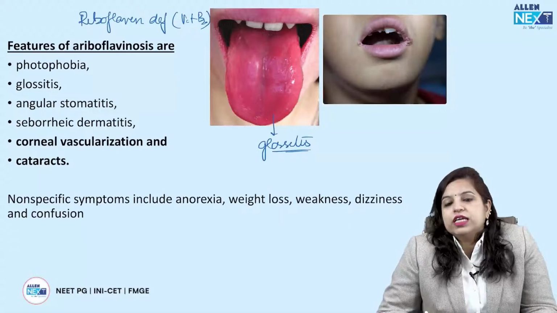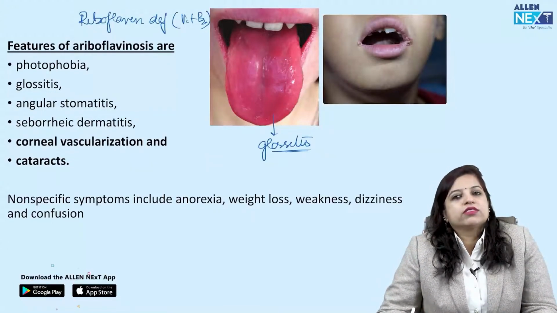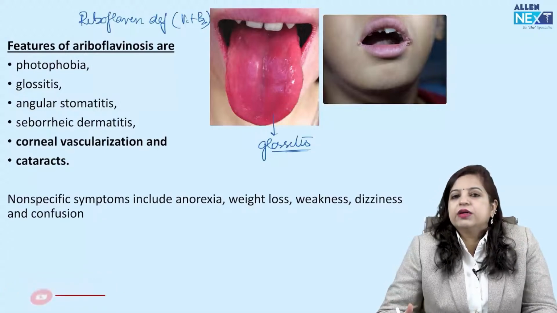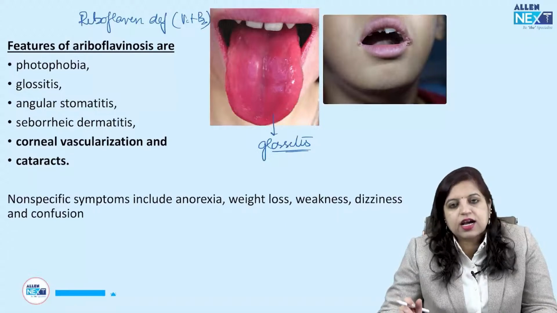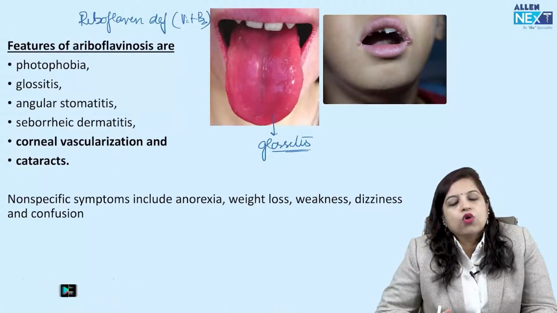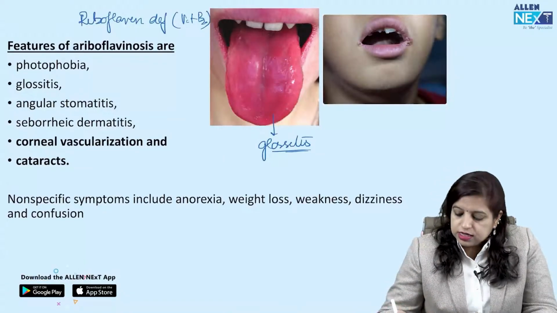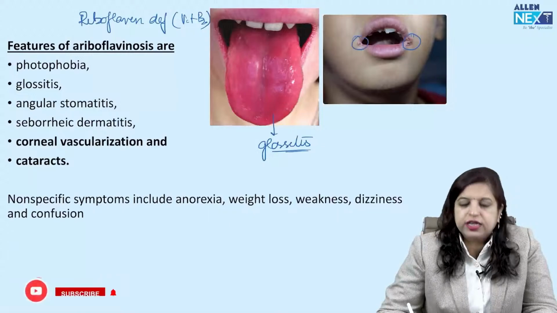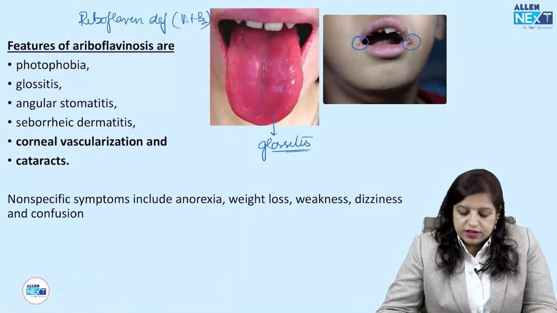Of course, if this kind of tongue comes with other features of unilateral cervical lymphadenopathy and edema of the hands and feet, then your diagnosis should become what? Yes, Kawasaki disease, not this. But here, we are dealing with a non-vasculitic kind of thing. So here the diagnosis will become glossitis, and this is your angular cheilitis. So this is vitamin B2 deficiency.